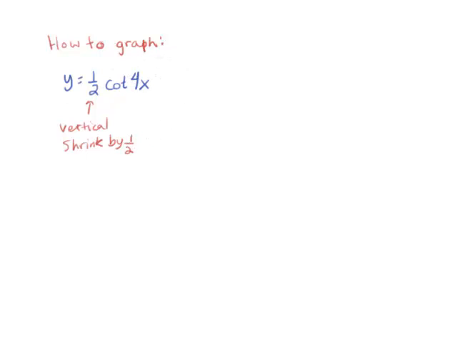I actually meant to make this x over 4, because I wanted this to be a horizontal stretch, since in the tangent video I did a horizontal shrink already. So pretend that's 1/4, so a horizontal stretch by 4.